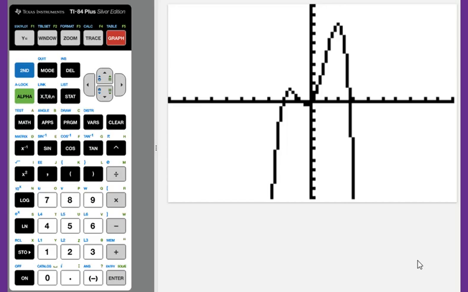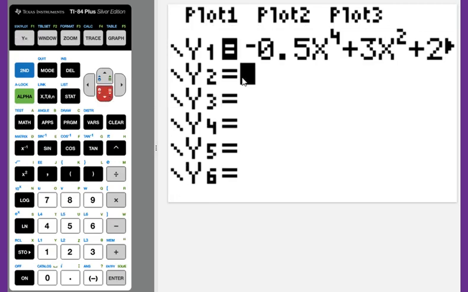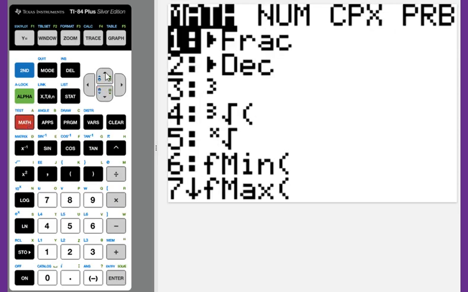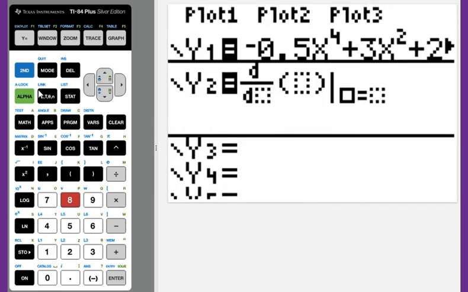Now, I will show you how to use the graphing calculator to figure out the inflection point. We go to y. We will put the derivative into y2. So go to math. Derivative will be 8, so I press 8. This will be x.